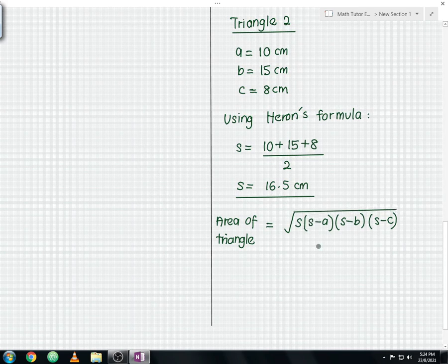So from here, let me include all the variables in the formula. The S is 16.5 centimeter. In this case I just write 16.5, close bracket. Let me write this properly. S minus A in this case will be 16.5 minus 10, so your S minus A will be 6.5.